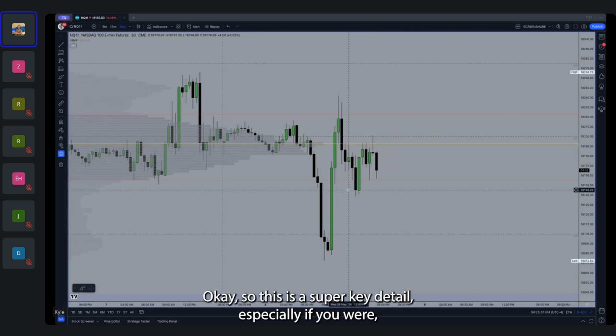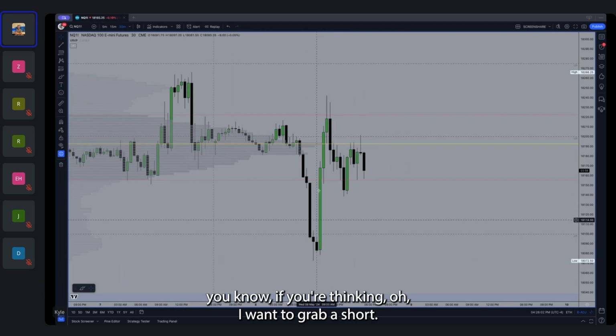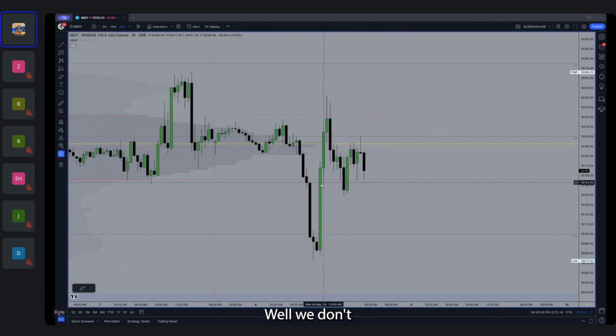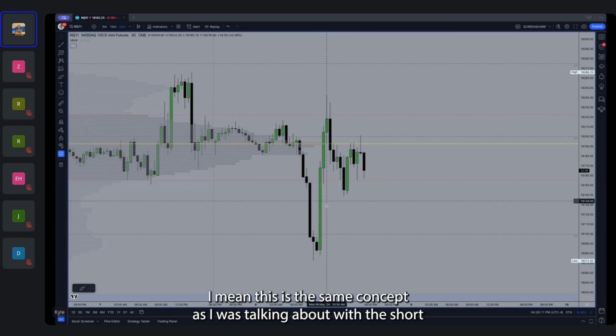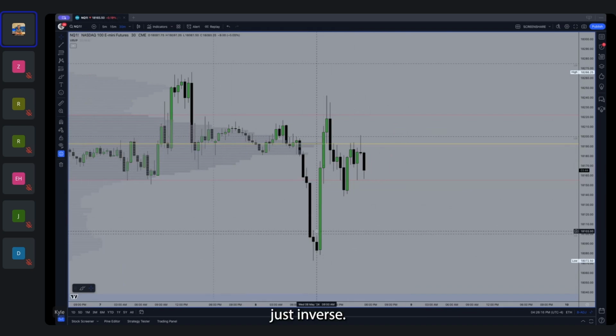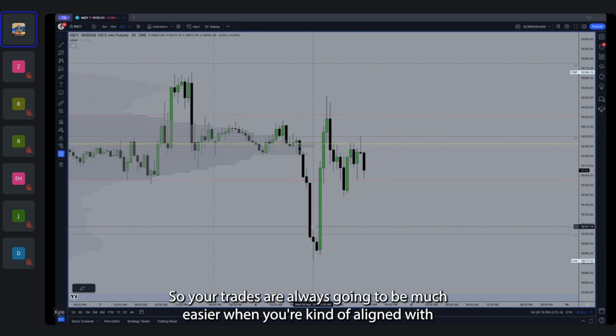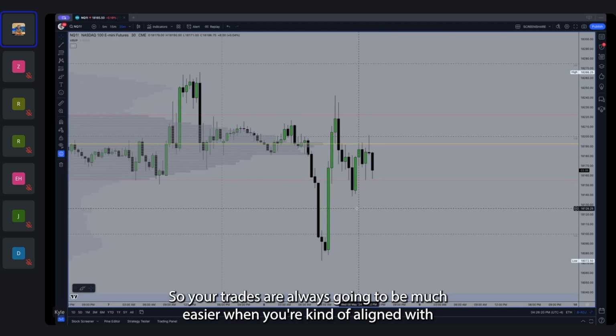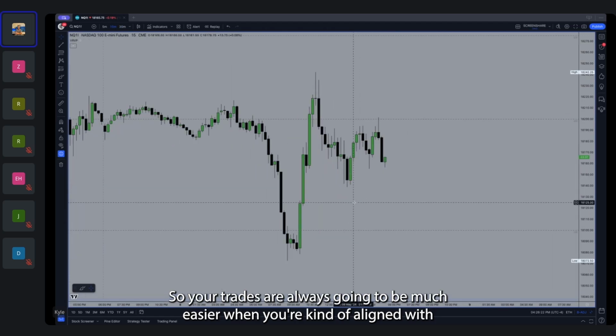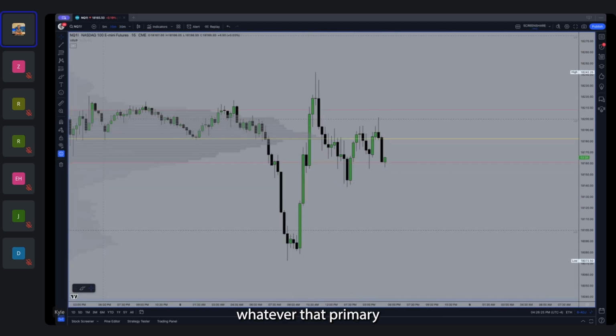Okay, so this is a super key detail, especially if you're thinking, oh, I want to grab a short. Well, we don't really want to be fighting this candle. This is the same concept as I was talking about with the short, just inverse. Your trades are always going to be much easier when you're aligned with whatever that primary 15-minute wave is.